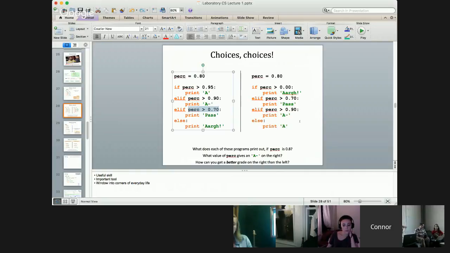So one thing that we can look at. Yeah, so I'm just going down these questions. What does each of these programs print out? I covered that. Okay, so what value of perk gives an A minus on the right-hand side?